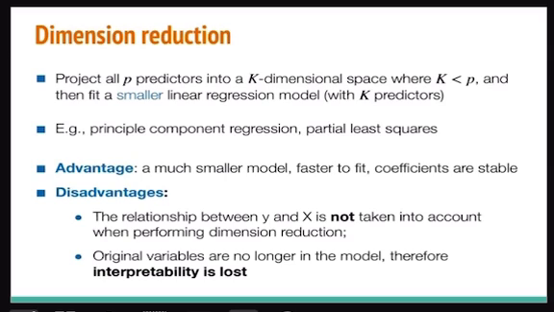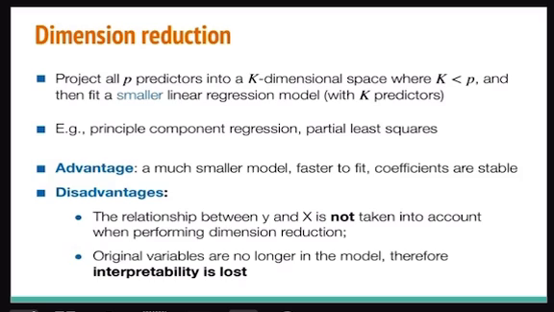Principal component analysis is a way to reduce the dimensionality in a regression model, where we're trying to solve the problem of multicollinearity. It's also an approach to convert explanatory variables that are correlated into uncorrelated ones.